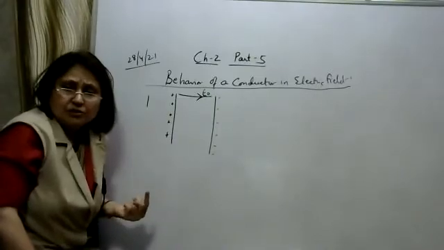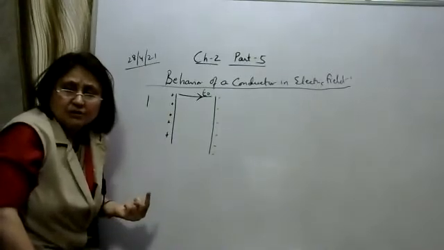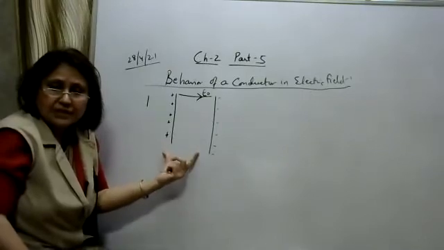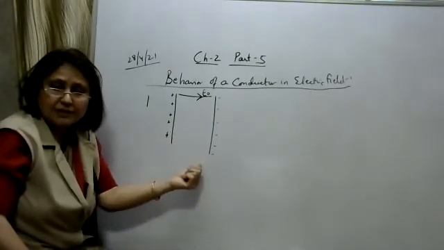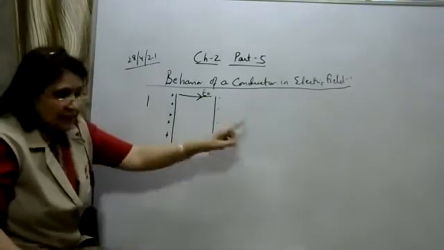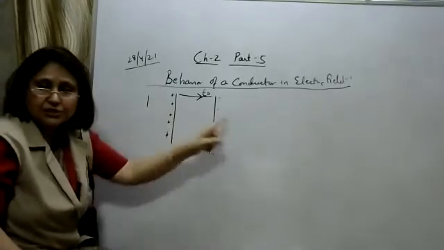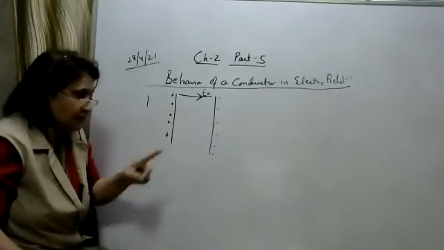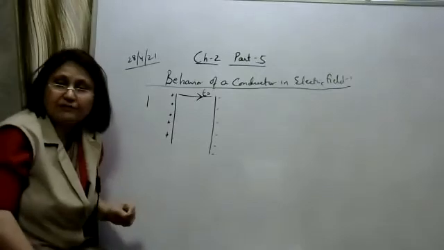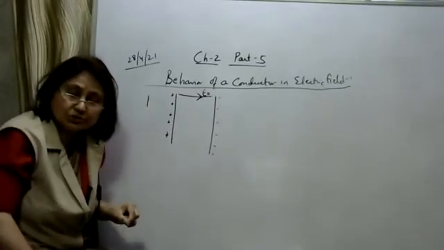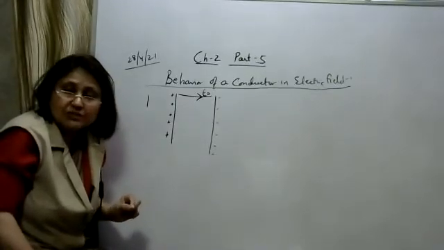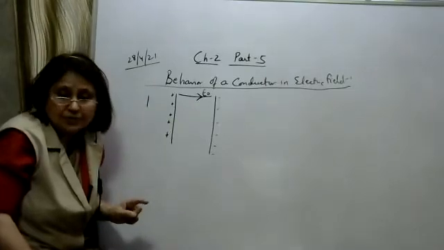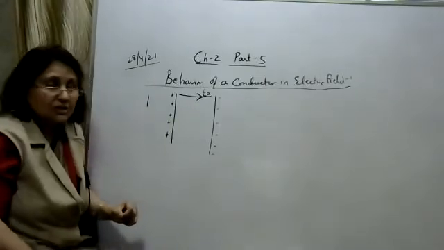We have done this using Gauss law. To the left of the first sheet and to the right of the second sheet, the electric field is 0. The electric field exists only between the two sheets, which is equal to sigma upon epsilon naught. So the electric field is E naught.